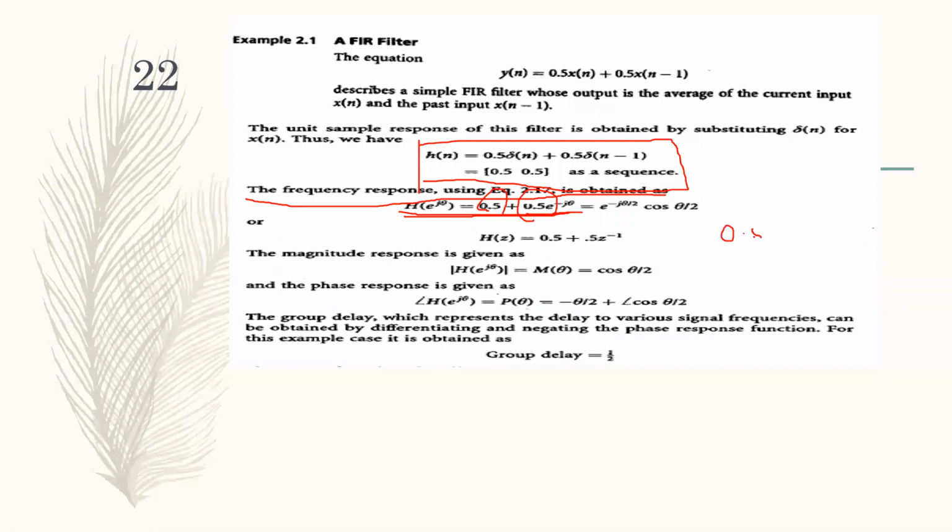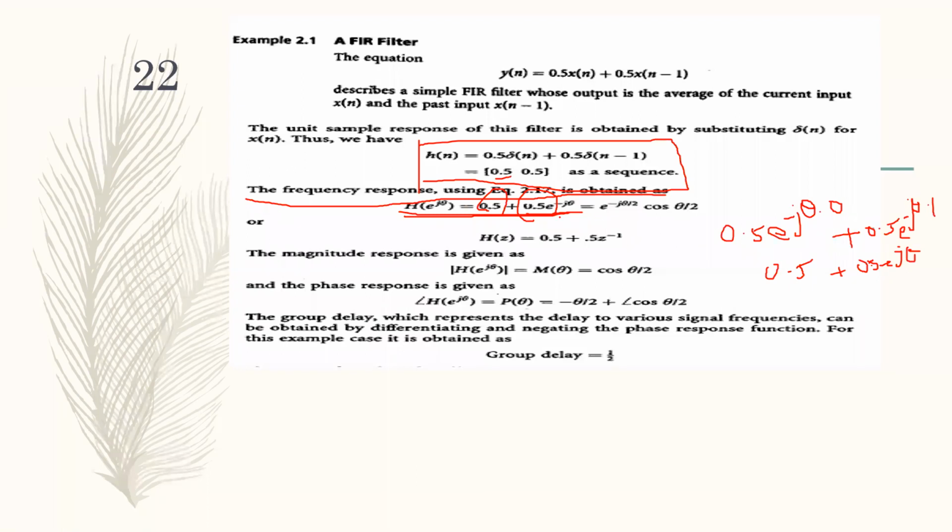So it will be 0.5, since the first value is that one, into e raised to minus jθ, k is 0 over here, plus 0.5 e raised to minus jθ, and k is 1. Therefore this turns out to be 0.5 plus 0.5 into e raised to minus jθ.